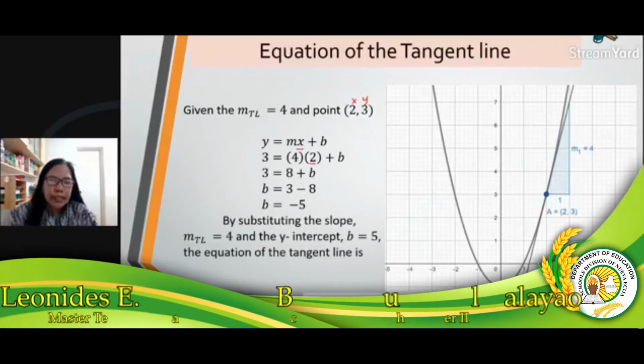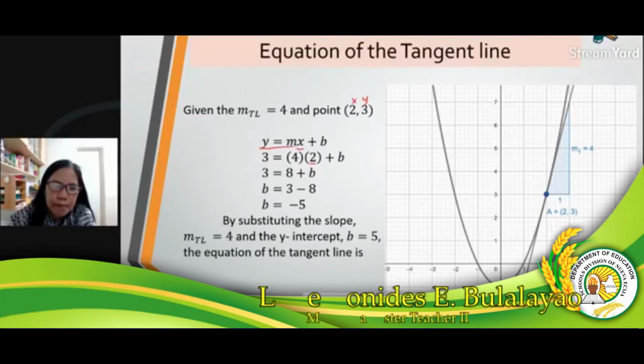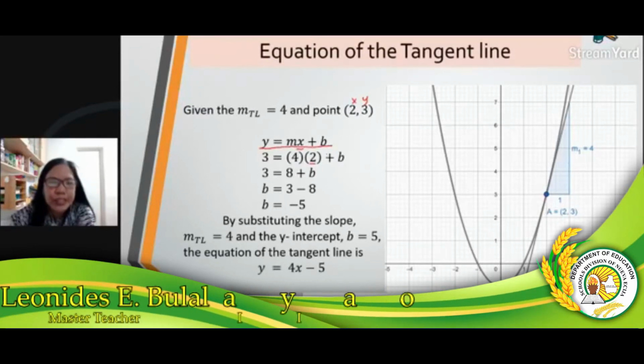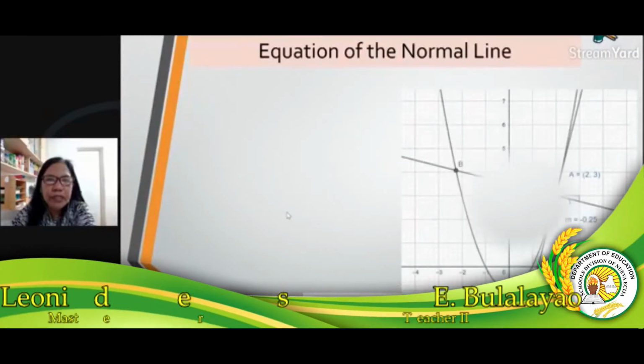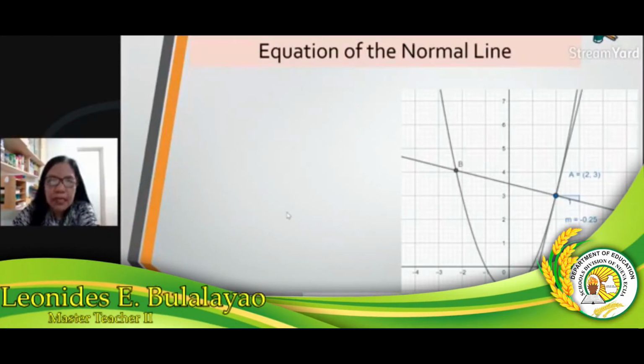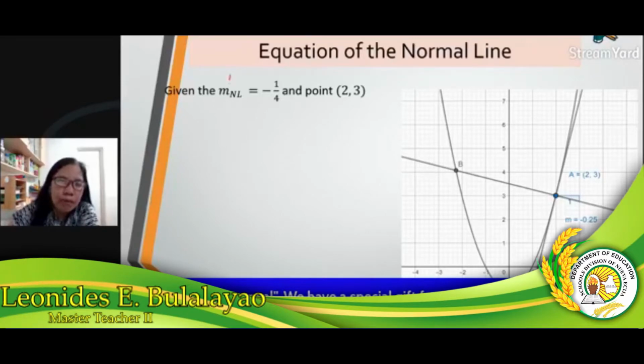And to get the equation, we simply substitute the slope, which is 4, and the y-intercept into y equals mx plus b. So the equation is y equals 4x minus 5. Then similarly, we can determine the equation of the normal by getting the information from the slope of the tangent line.